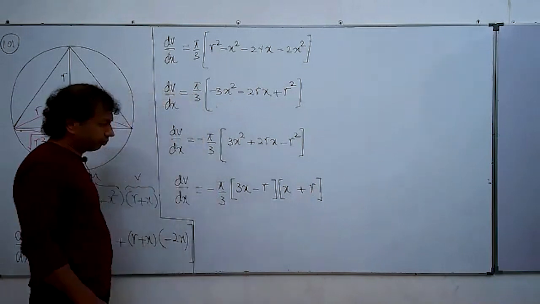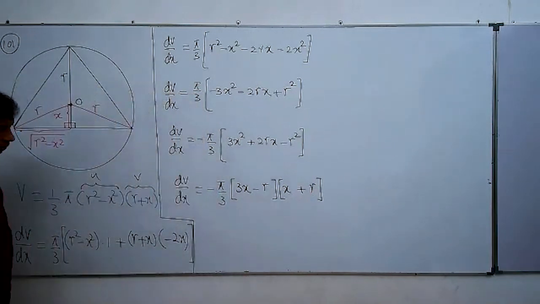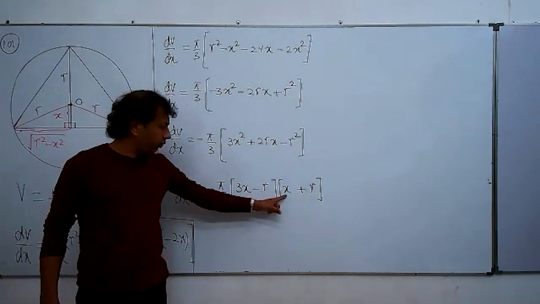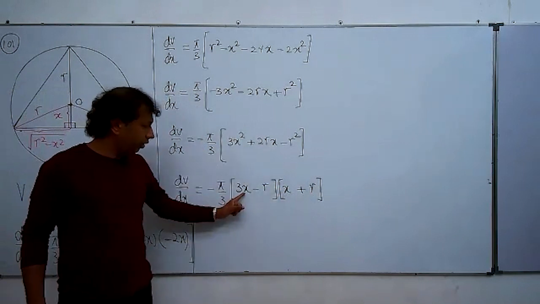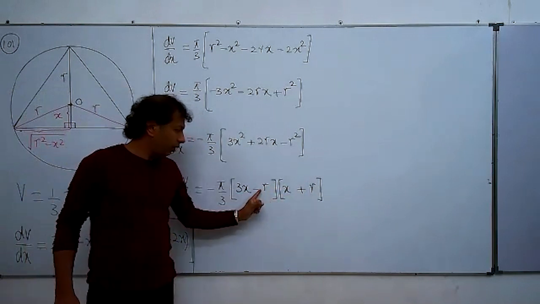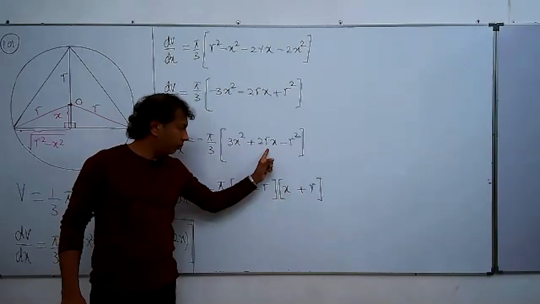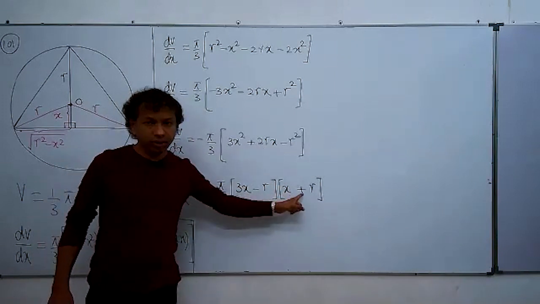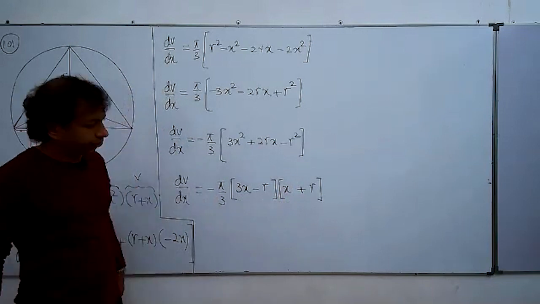See here, what do you get? 3x and x, 3x squared. 3x into r is 3xr. Here minus xr, so 2rx. R and r with minus sign, minus r squared. We get it like this.